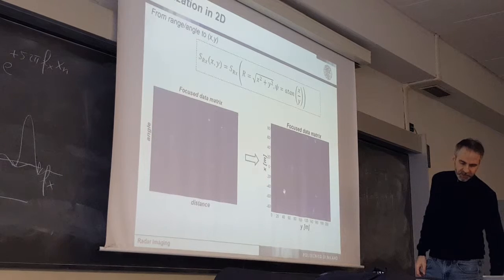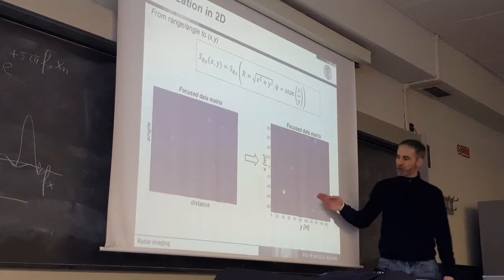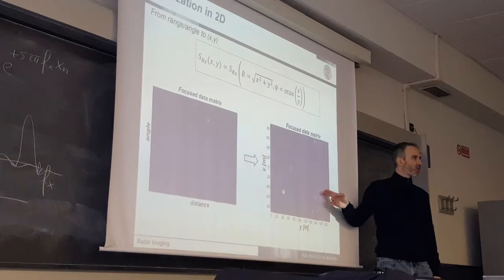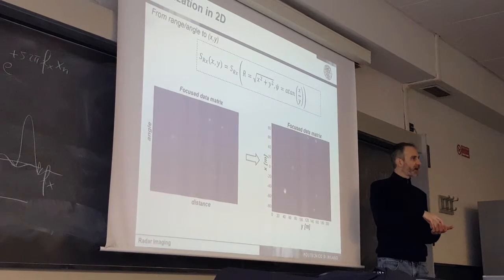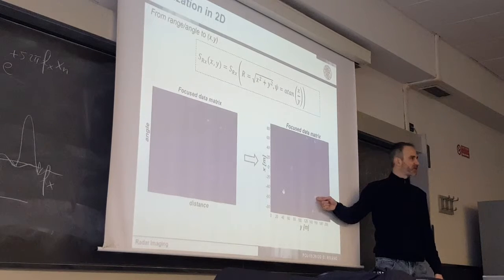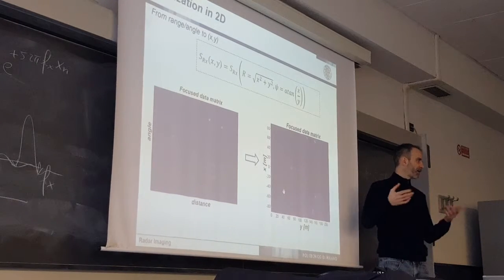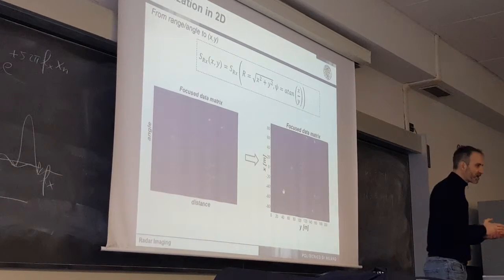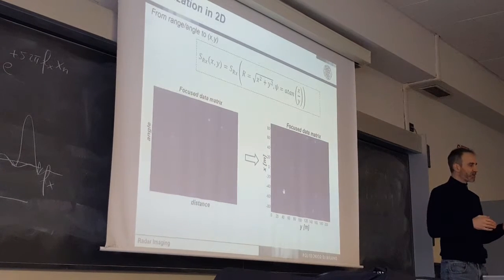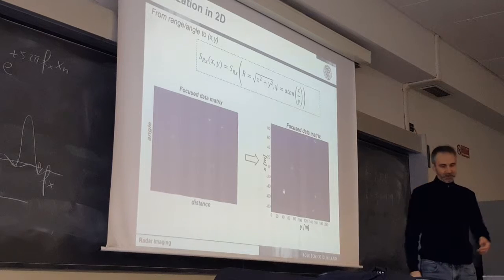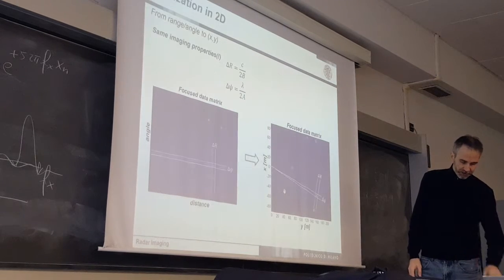Okay, so what is very important is the resolution, meaning what is the geometrical size of these dots here, or in other words, what is your capability to resolve different targets based on their distance and angle from your radar.